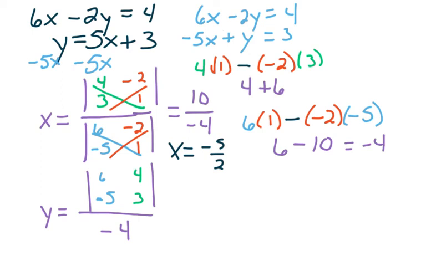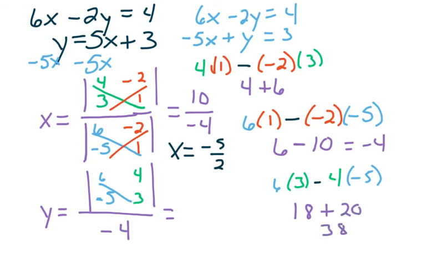So again, now I just have to simplify, doing the top. Value of that determinant: start on the upper corner, 6 times 3, and then subtract the diagonal going the other direction, which is 4 times negative 5. 18 minus a negative, so I'm adding 20. So I get 38 for my top number. So I end up with 38 over a negative 4.